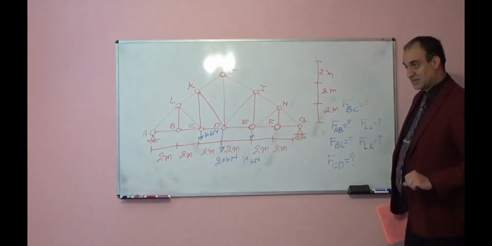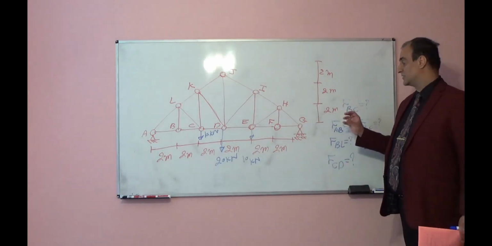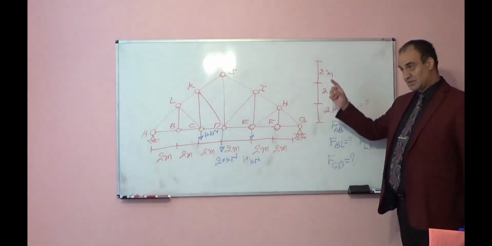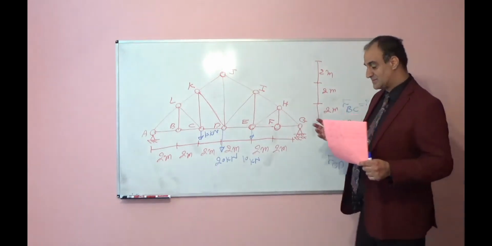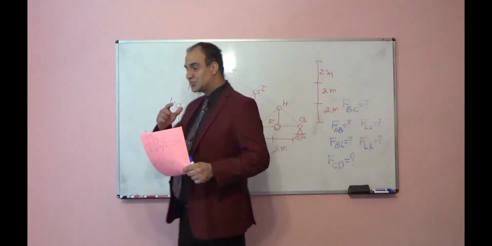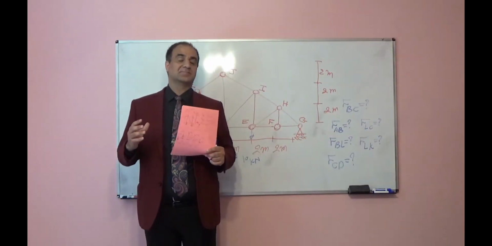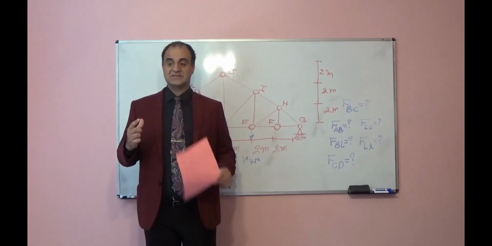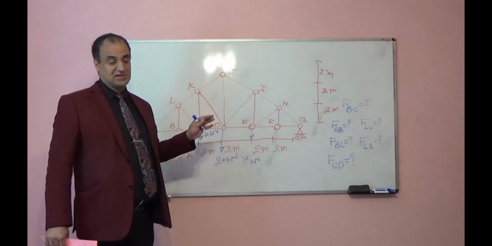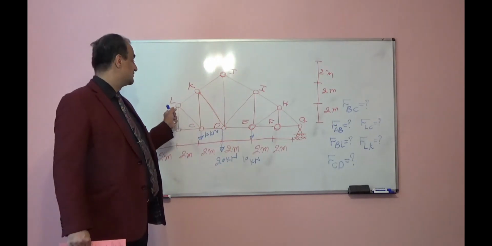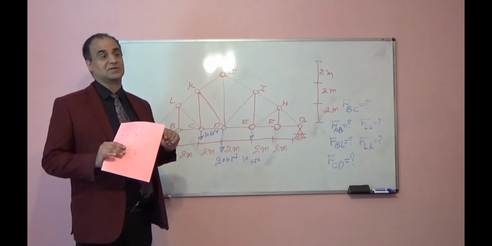Use section method and apply section method the way I apply. First remove that member, then visualize the system, see what is happening. If you remove that member, definitely your structure will be unstable, because this is a simple truss and it is not an indeterminate structure. It means if you remove one member, the system is definitely unstable.